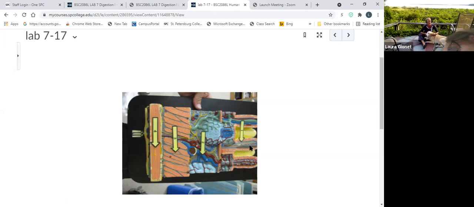Then you have the muscular layers, the inner circular, which would be 3, and the outer longitudinal would be 4. The connective tissue below 4, the areolar connective tissue, is part of the serosa. So you have mucosa, submucosa, the muscular layer, of which there are two types of muscle, circular and longitudinal, and then number 5 pointing to the serosa outside.